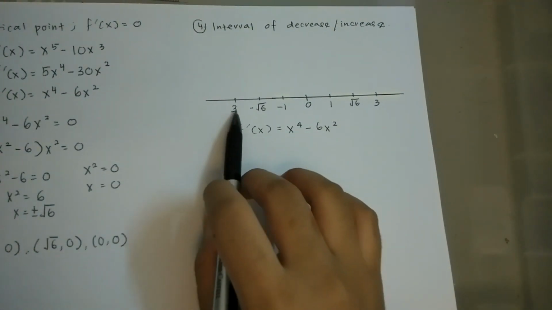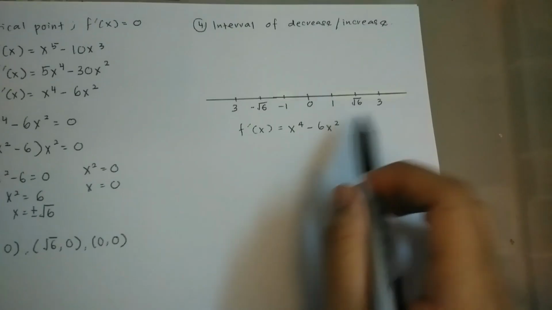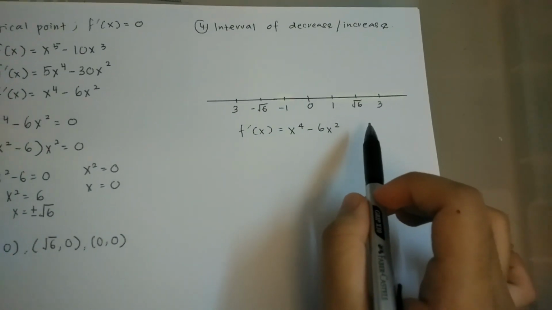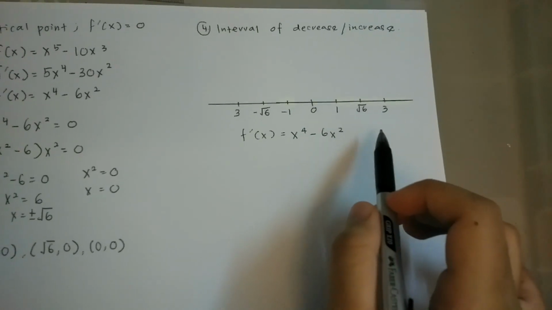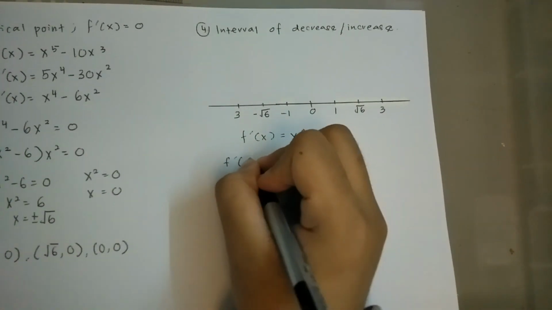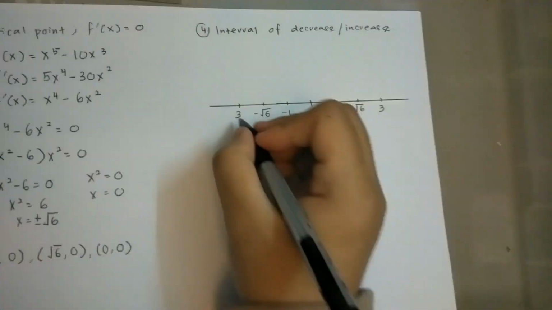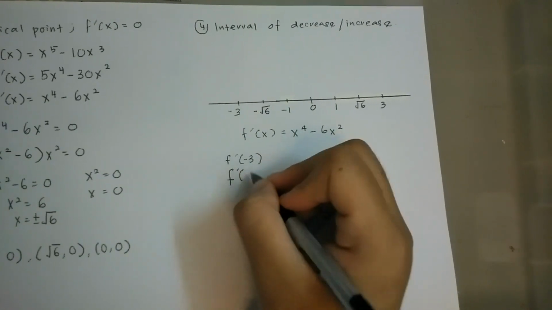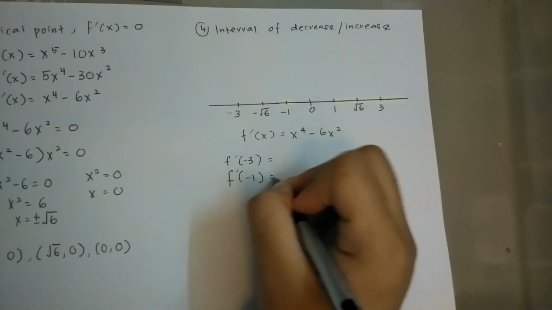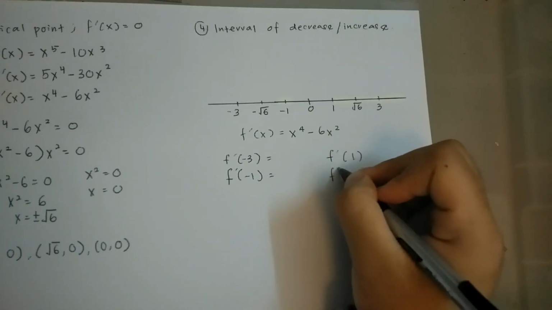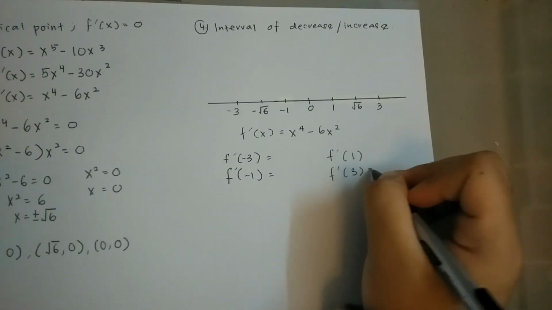So we will substitute the values that I choose into the equation so that we will know where the line is positive or negative. So f prime negative 3, f prime negative 1, f prime 1, and f prime 3.